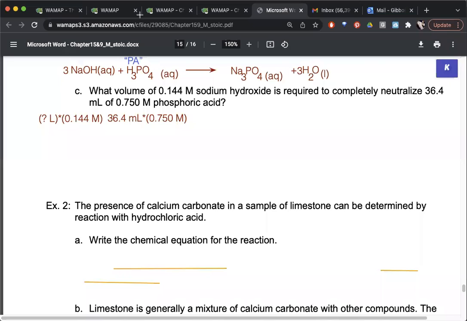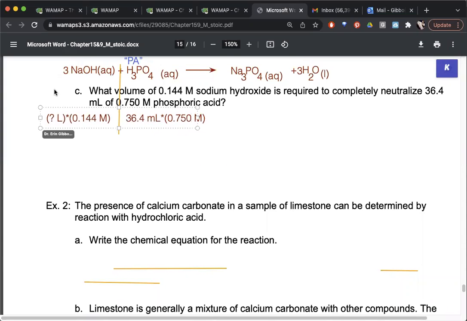So let me put my, oh geez. Okay, I'm going to put my little marker here so that you can see I'm lining it up under the equation right there. Okay, there we go.